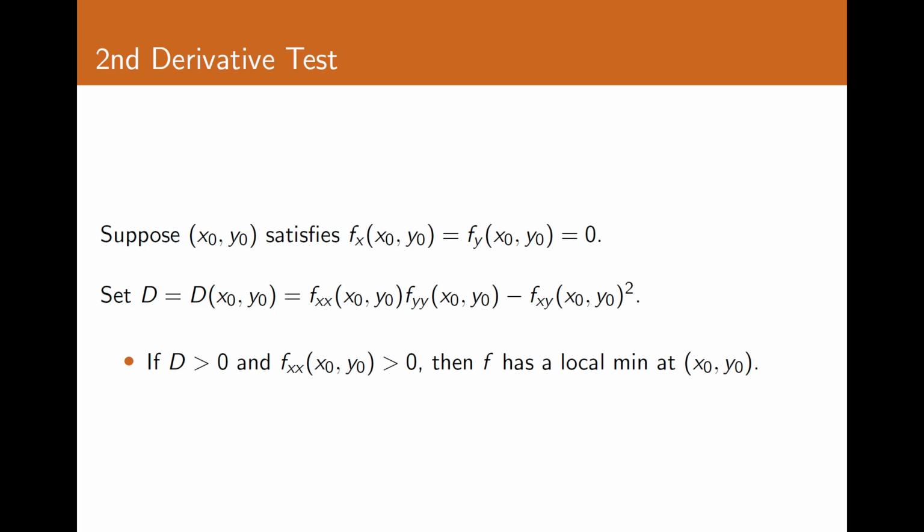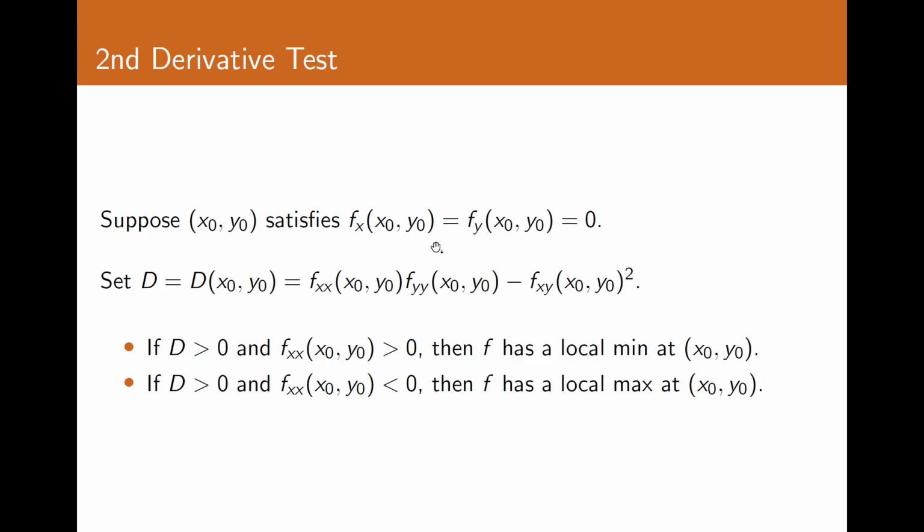I just phrased it here with f_xx because that's how most textbooks do. If you're thinking of this in terms of what you already know for functions of a single variable, f_xx being bigger than 0 is kind of giving you the smiley face picture, so that gave us our local minimum. Same kind of situation here with the second partial derivative.